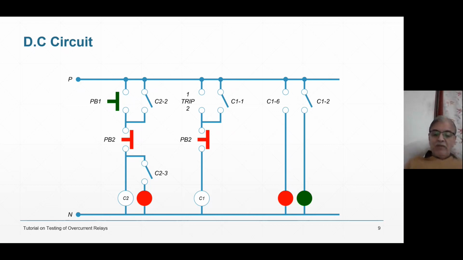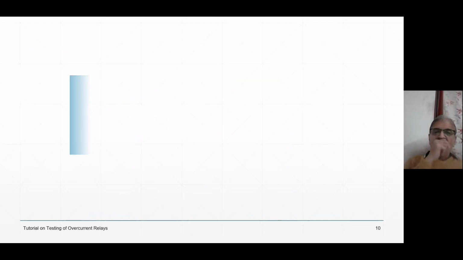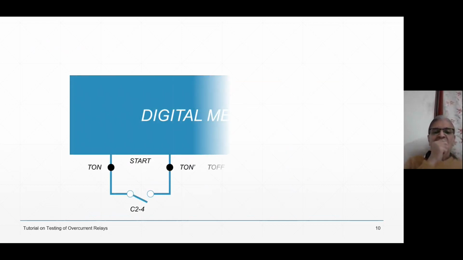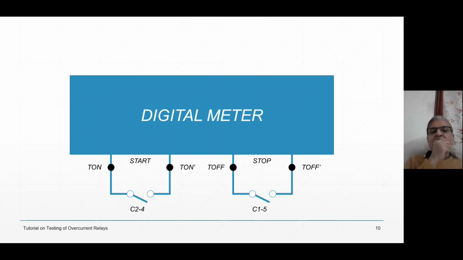What is C24 doing? C24 is for the timer. It gives the signal to the timer, so that the timer starts.